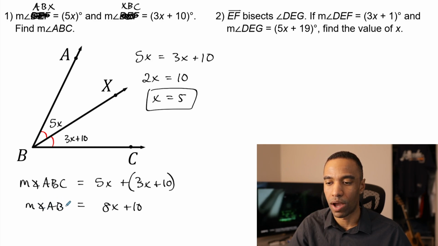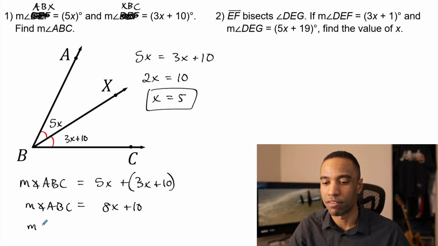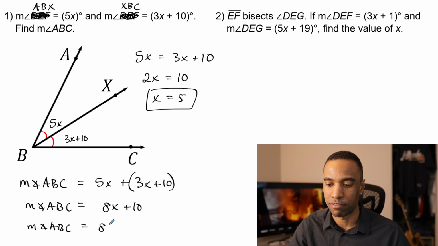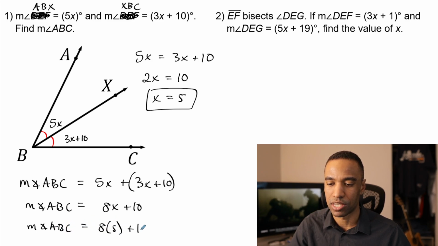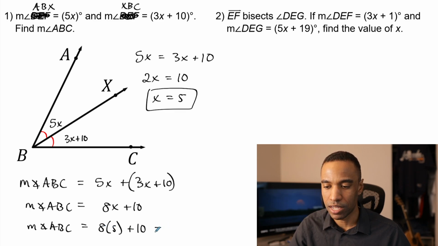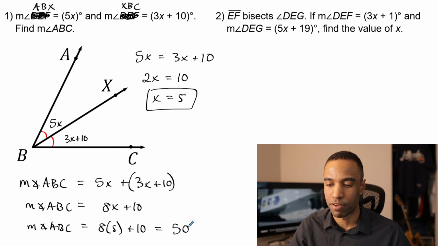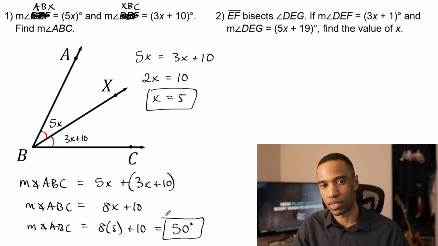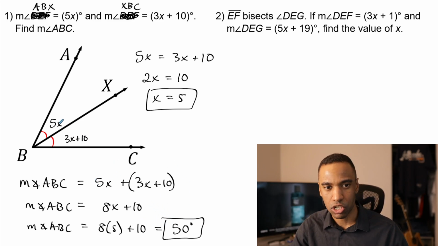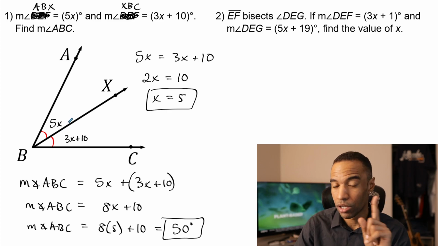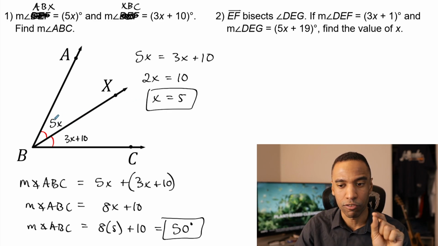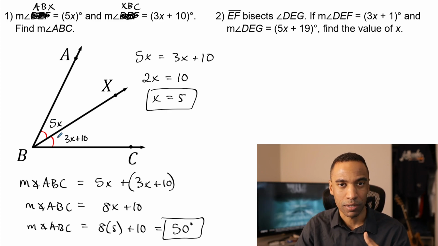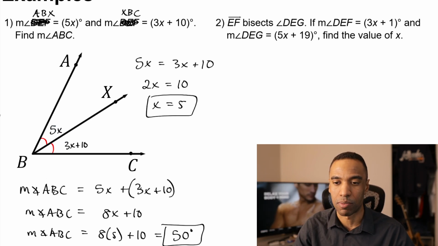And now that I know x is 5, I can say this is 8 times 5 plus 10, which is 40 plus 10, which is 50 degrees right there. So solving for x lets me substitute that in and use the angle addition postulate to add those two together, or substitute it in for one of these angles and then double that measure in the end. Right? That's something we talked about for segments.